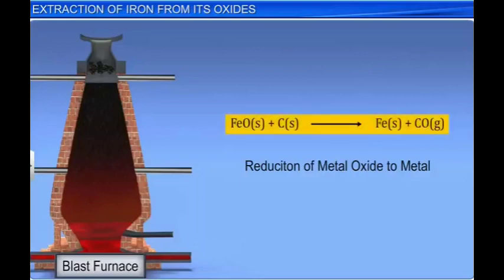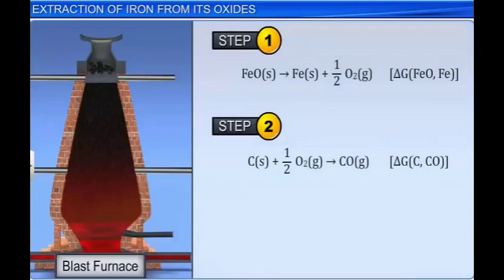This is a combination of two simple reactions. In the first reaction, ferrous oxide gets reduced into iron. Let the change in the Gibbs free energy for this reaction be delta G FeO to Fe. In the second reaction, carbon gets oxidized to carbon monoxide. Let the change in delta G for this reaction be delta G carbon to carbon monoxide, as shown in step 1 and step 2.